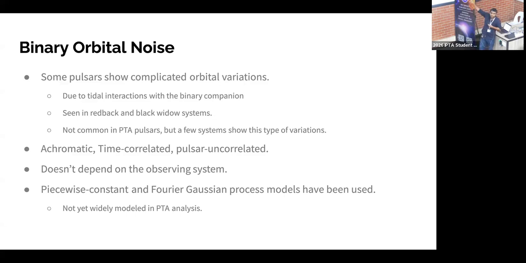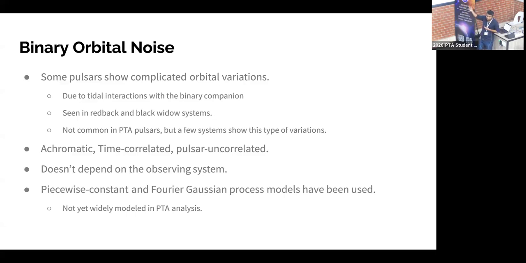It is not common in PTA pulsars because we don't usually keep such pulsars in PTAs. But some pulsars have this type of variation, and you can see it by looking at the par files. If you see an ungodly number of FB parameters, this is what is going on. This is achromatic, time correlated, and pulsar uncorrelated because the binary is separate for each pulsar.